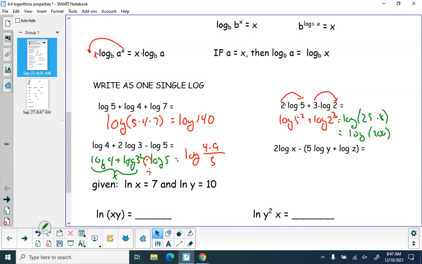Our coefficients will go up to our exponents again. Okay, write yourself an expression for the last one here. Now what we're subtracting off is that entire quantity, but inside that quantity we have addition. So the addition tells us we have multiplication, but when I subtract that quantity, that's going to give us division.